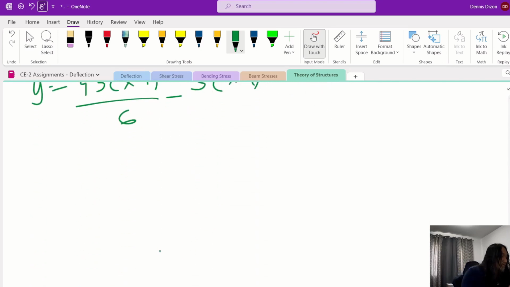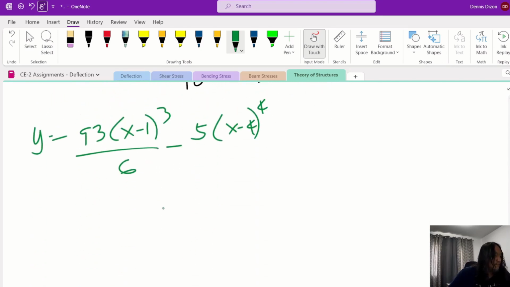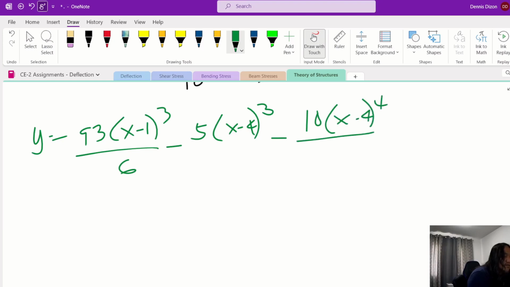This is not to the 4th. So this is cube, and then minus 10 times x minus 4 to the 4th over 12.